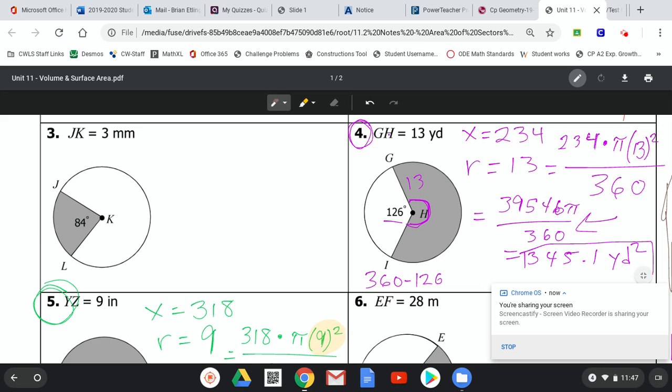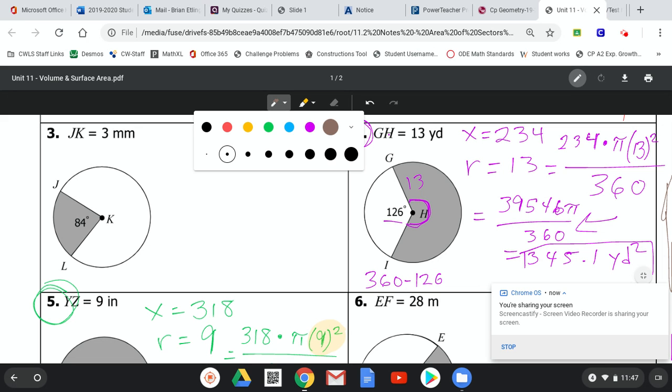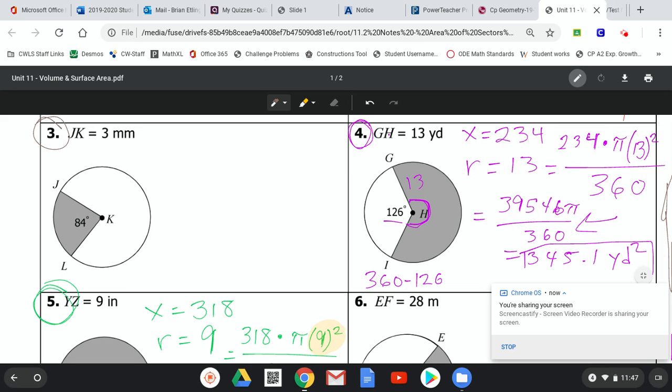So for number 3, I want to do number 3 together. If we're looking at number 3 here, we set it up the same way. It tells us the area of the shaded portion, 84 degrees is our degree for our arc, and then also our radius here. It tells us JK is 3, so that means our radius is 3. So we plug it in just like we normally would.